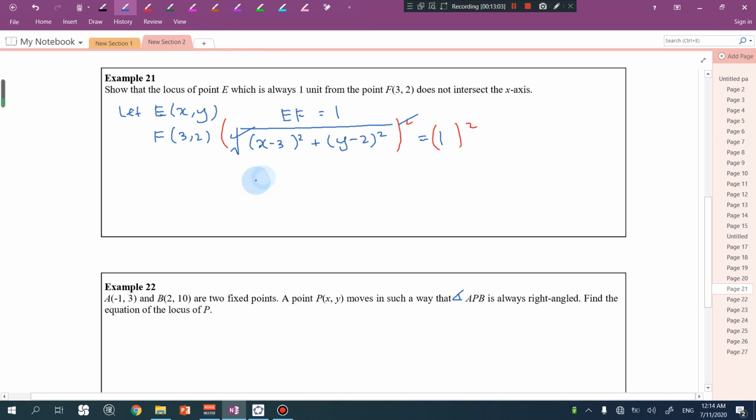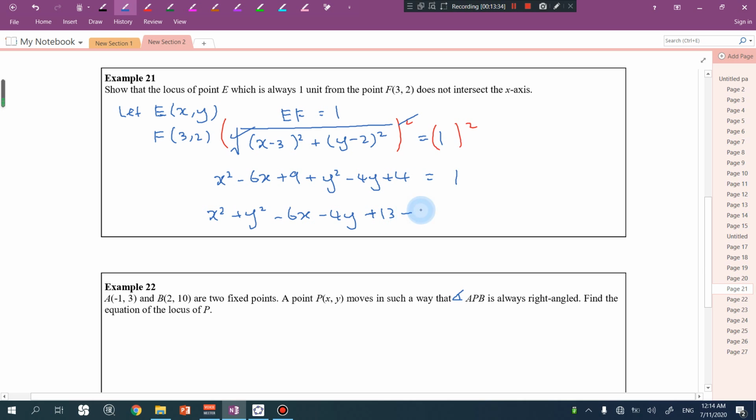No more square root over here. So do some expansion here using the formula that I told you just now. X squared minus 6x plus 9. Y squared minus 4y plus 4. 1 squared is still equal to 1. And then we try to arrange nicely. X squared, y squared, minus 6x minus 4y. 9 plus 4 is equal to 13.